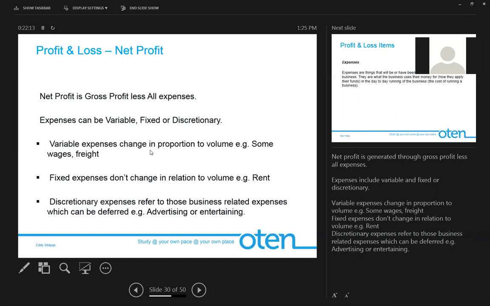Fixed costs do not change in relation to volume, like rent, machinery, admin costs, or management salaries, for instance. So they are considered as fixed expenses. And discretionary expenses refer to business-related expenses which can be deferred, like advertising or entertaining.